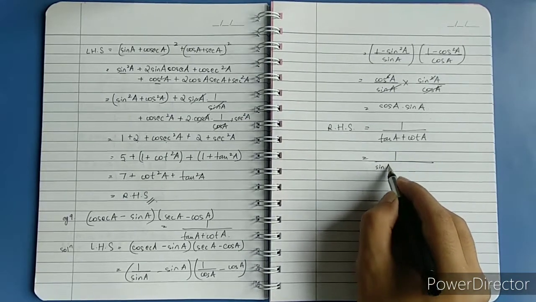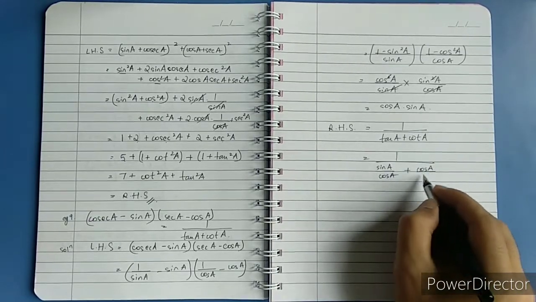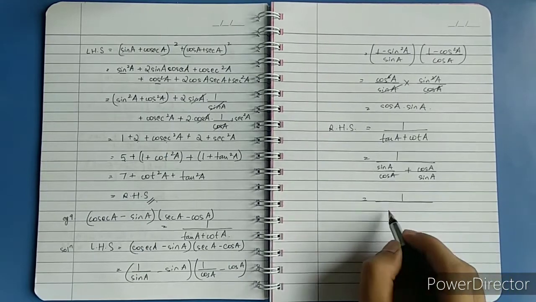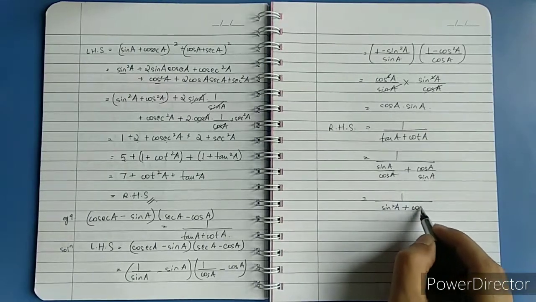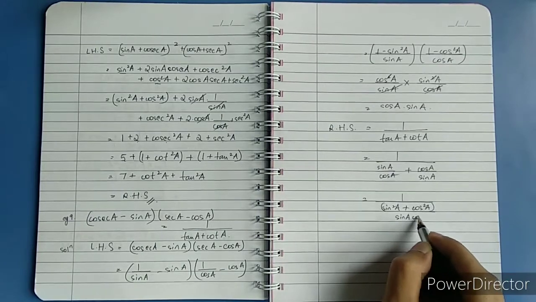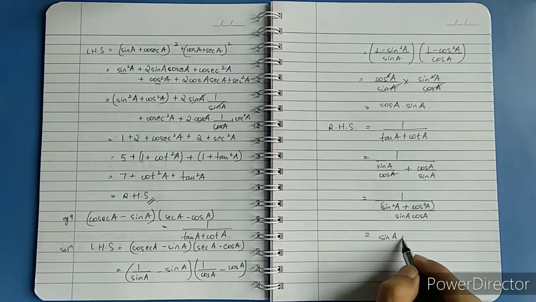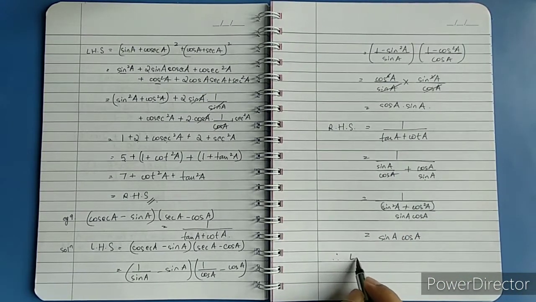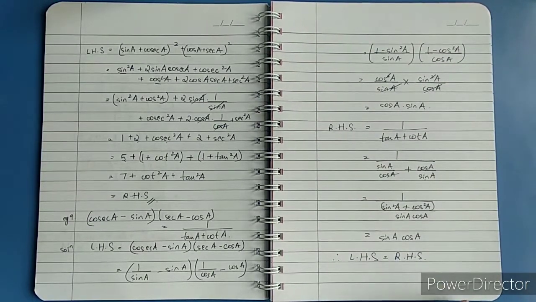Tan A is sin A by cos A and cot A is cos A by sin A. So on taking LCM in the denominator, this becomes (sin square A plus cos square A) divided by sin A cos A. Sin A cos A goes to the numerator and sin square A plus cos square A is 1. Therefore, left hand side is equal to the right hand side.